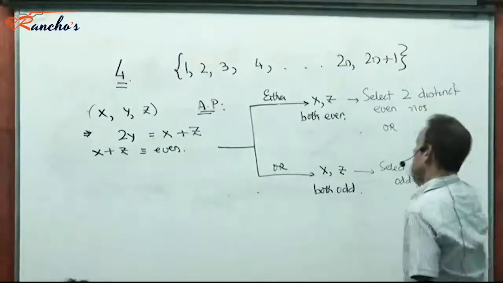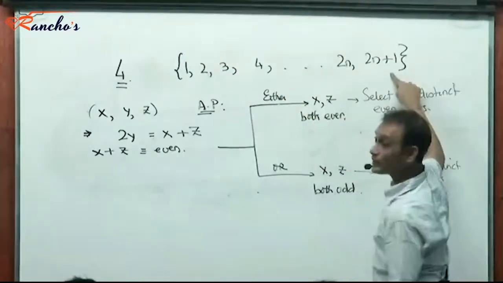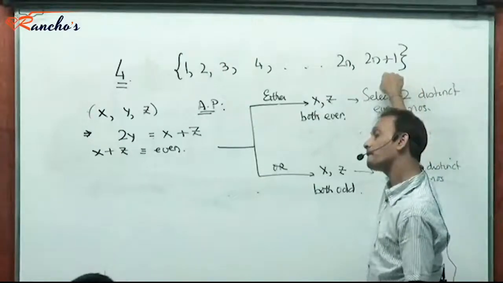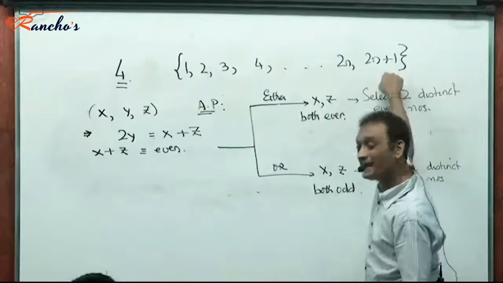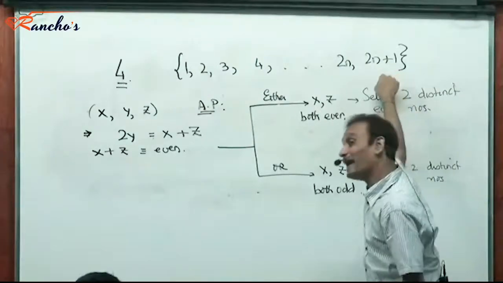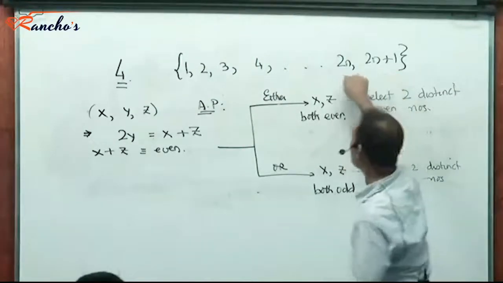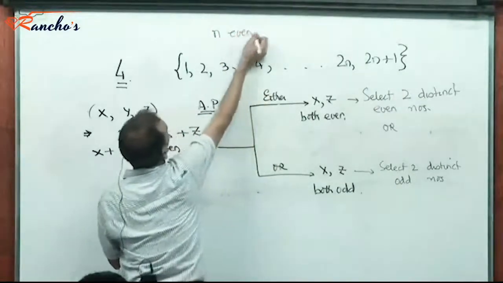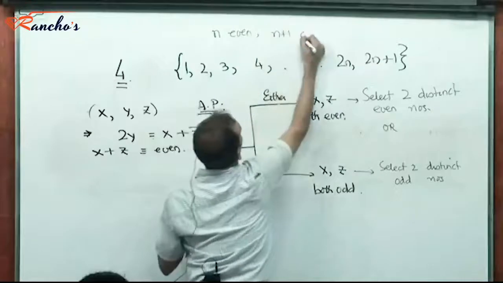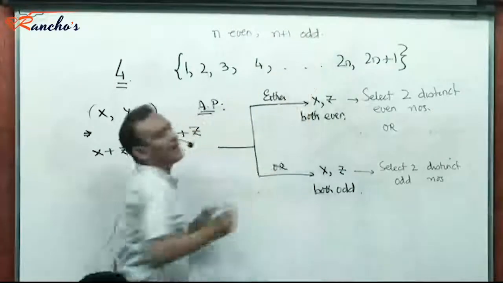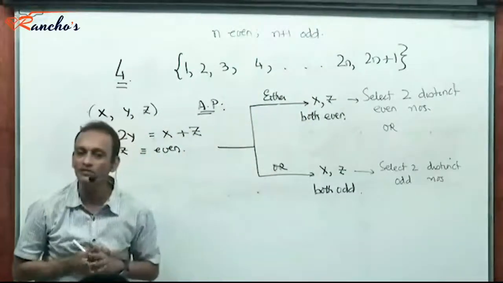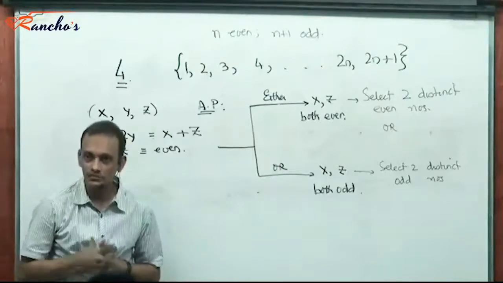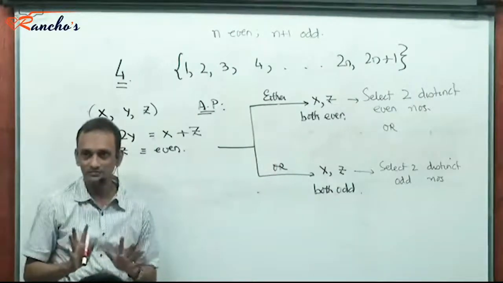Now, in this set 1, 2, up to 2n plus 1, how many even numbers are there? n even numbers and n plus 1 odd numbers.